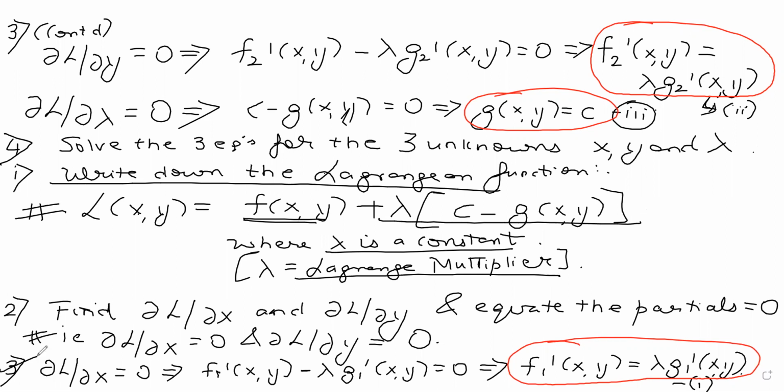Step number 3, the equations you get: del L by del x equal to 0 gives you this equation, del L by del y equal to 0 gives you this equation, and del L by del lambda equal to 0 gives you back the constraint itself. You have three equations and three unknowns, x, y, and lambda. I expect students by now to understand how to solve three equations in three unknowns. Very simple.